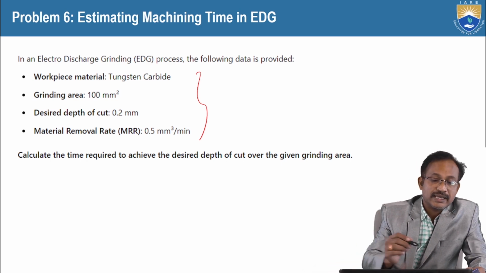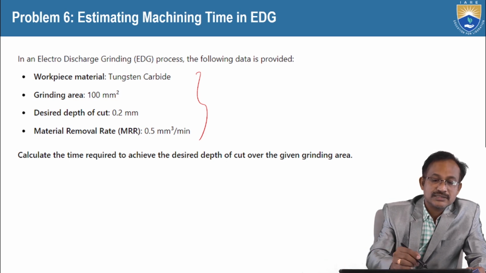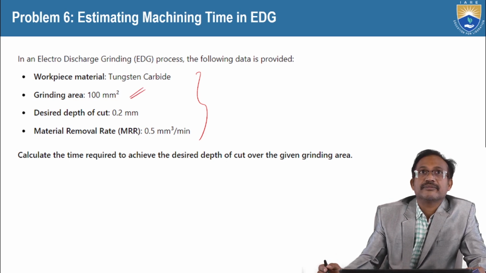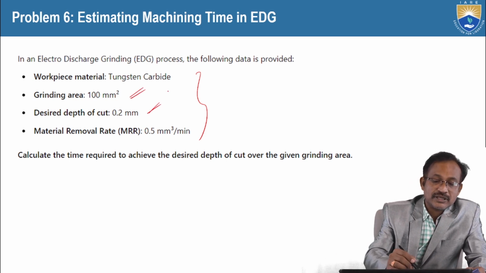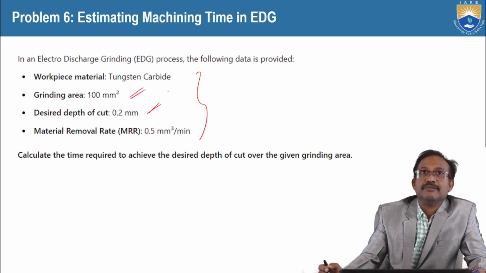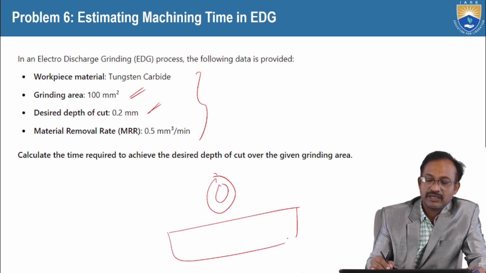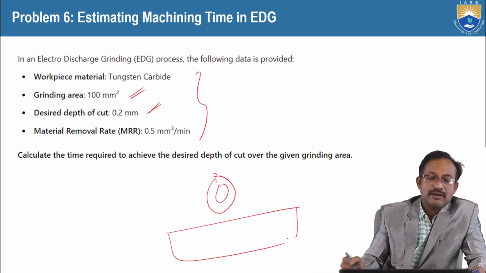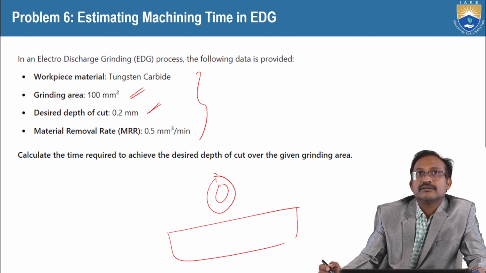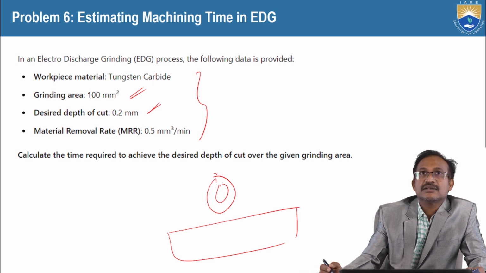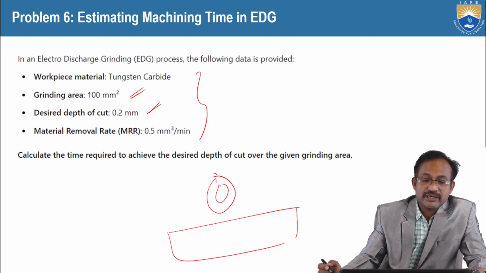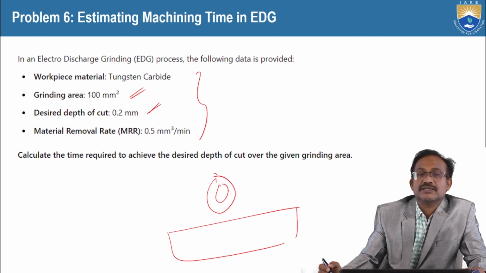Grinding area, that is 100 mm square. Desired depth of cut 0.2 millimeters. Depth of cut is nothing but height. Material removal rate MRR, that is 0.5 cubic millimeters per minute.